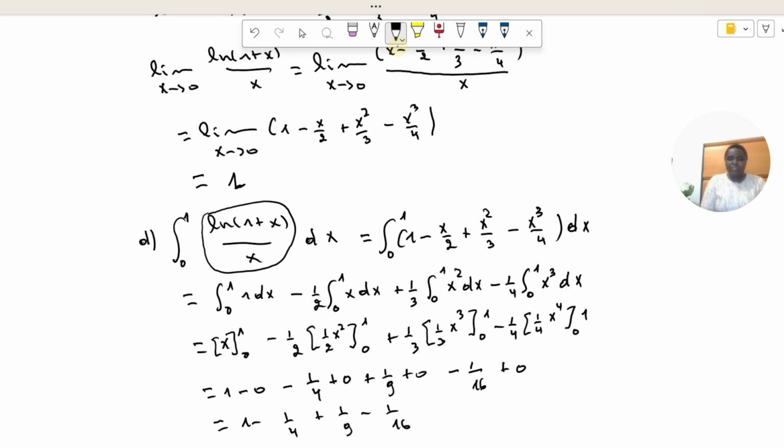If you compute this, it will give us 105 over 144, which is approximately equal to 0.7986, and this was the last answer, and that was it.